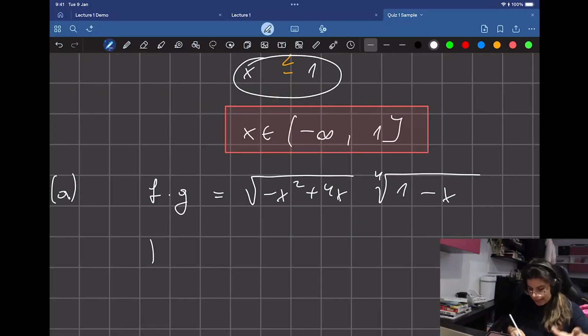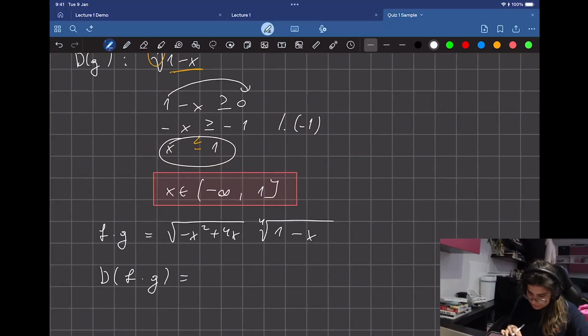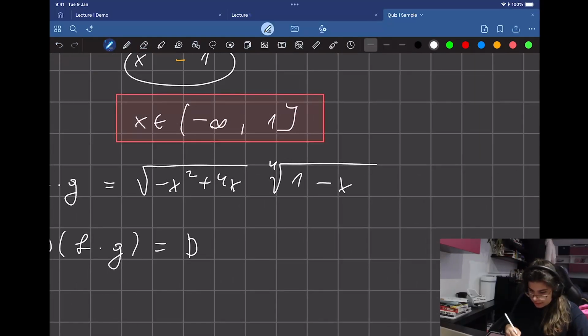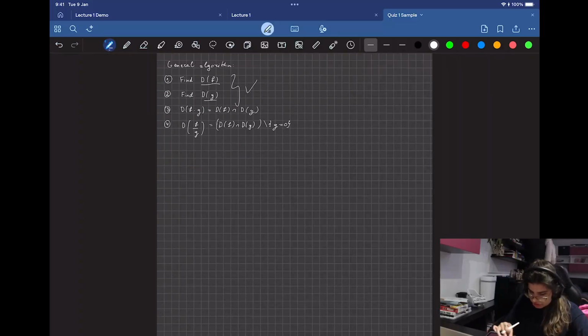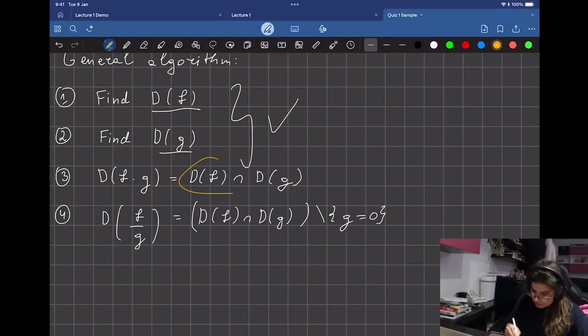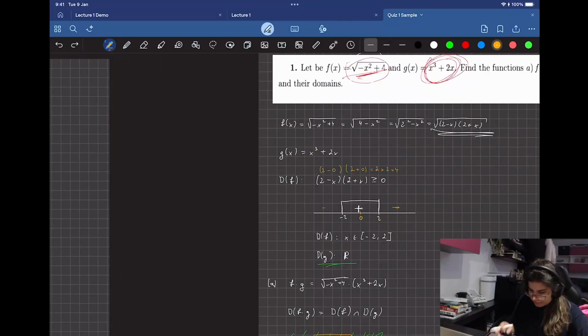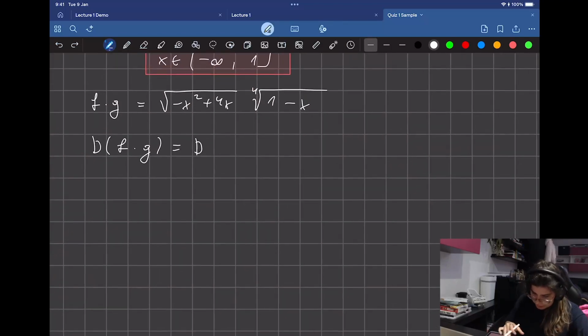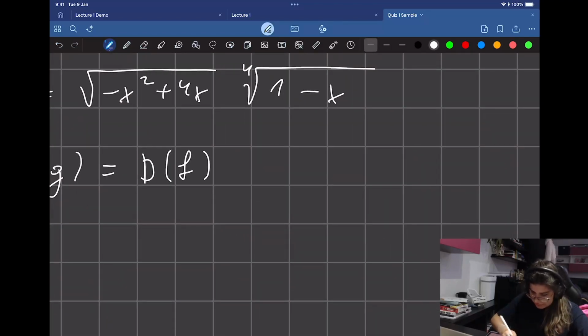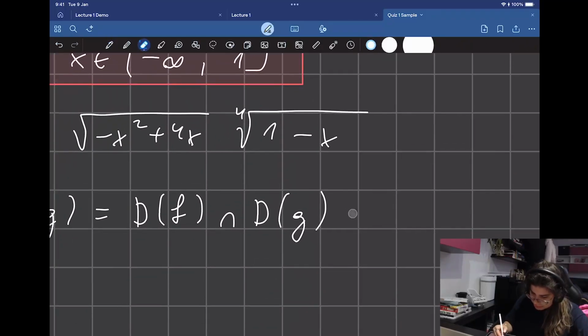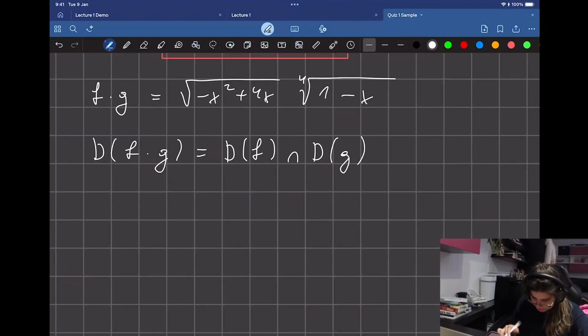Now, for the domain of f times g, it's basically, again, as the formula said on the first page, the intersection of the two separate domains. So that's D of f intersected with D of g. And now, actually, I think it's easier to see it on the number line, so I'm just going to draw it.